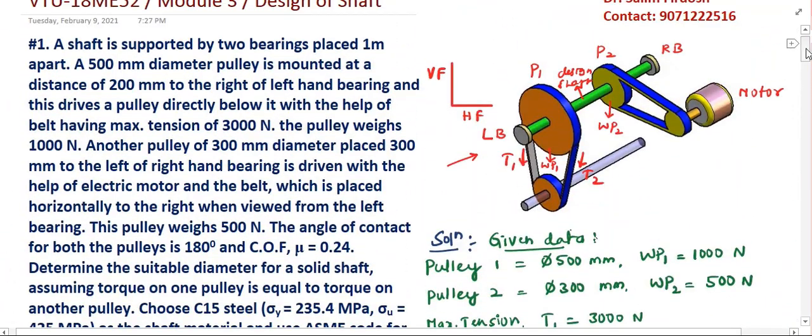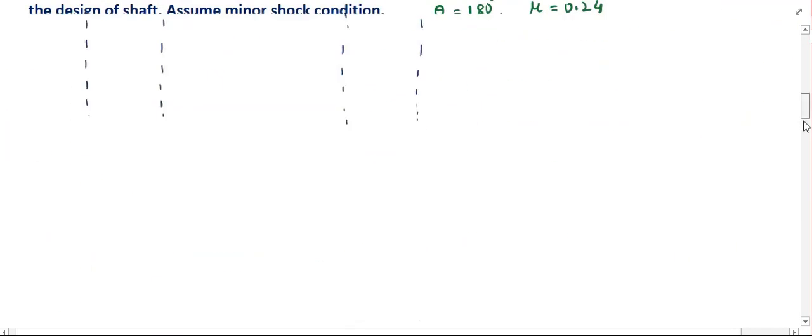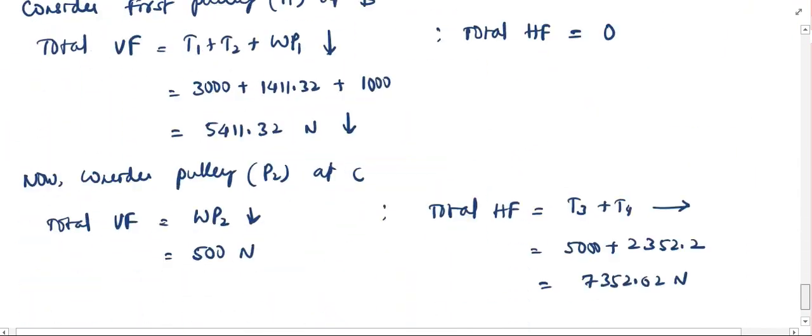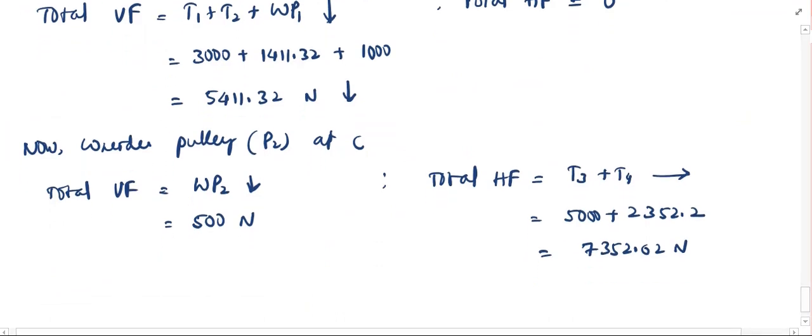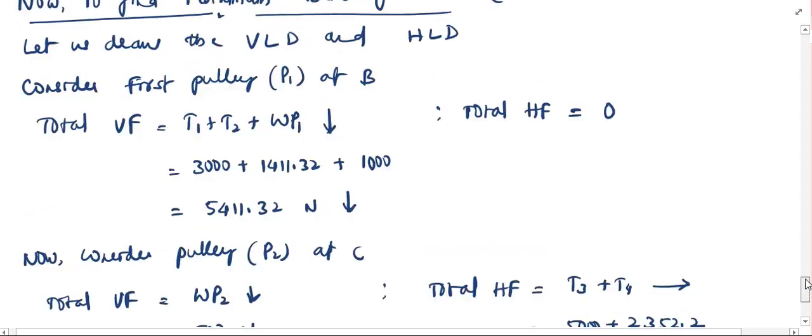In the three-dimensional figure, the vertical force is WP2 and you have the horizontal forces T3 and T4. Now let me draw all these values on the VLD diagram and HLD diagram.